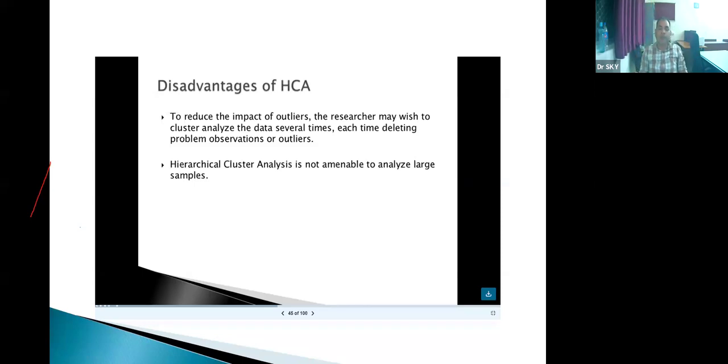It is very hard, because every time you remove an outlier, you have to make the dendrogram again, and then again. So it is very tough to repeat the whole analysis every time you remove an outlier, and very tough to deal with a large sample.